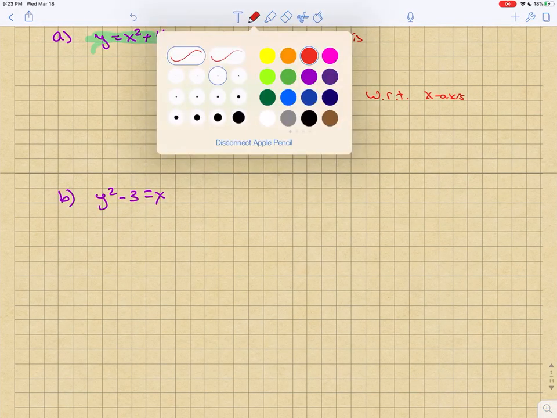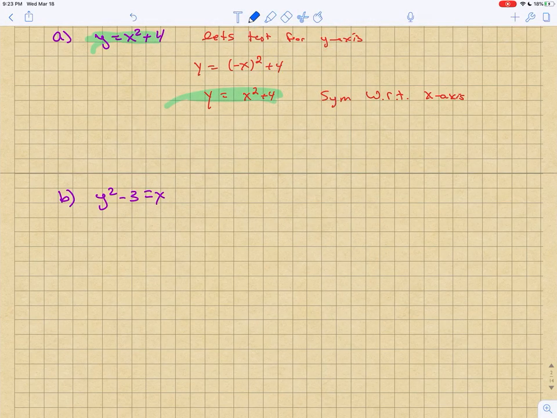So now let's check it again with a different equation. We're going to look at y squared minus 3 equals x. We're going to first check with the y-axis. Again, that means replacing x with the opposite of x.